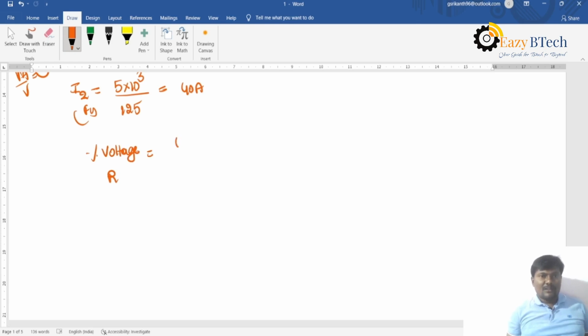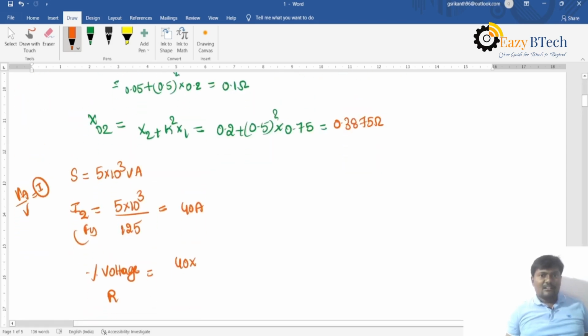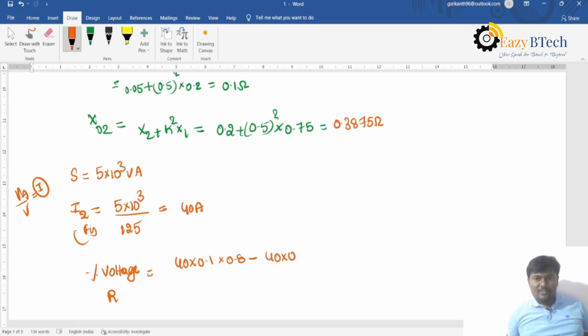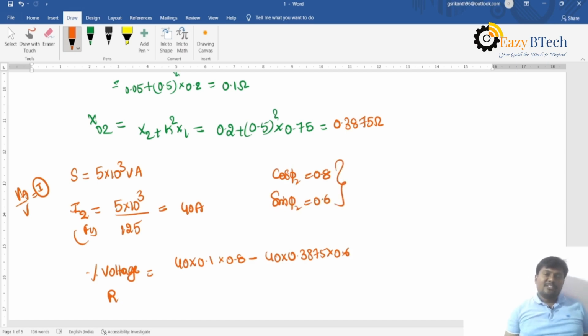40 into R02, which is 0.1, cos phi 2 is 0.8, minus 40 into X02, which is 0.3875, into 0.6. If cos phi 2 is 0.8, remember sin phi 2 value is 0.6. If cos phi 2 is 0.6, sin phi 2 is 0.8.